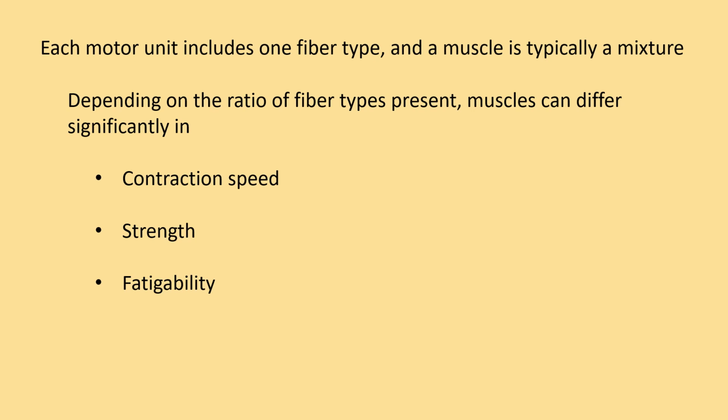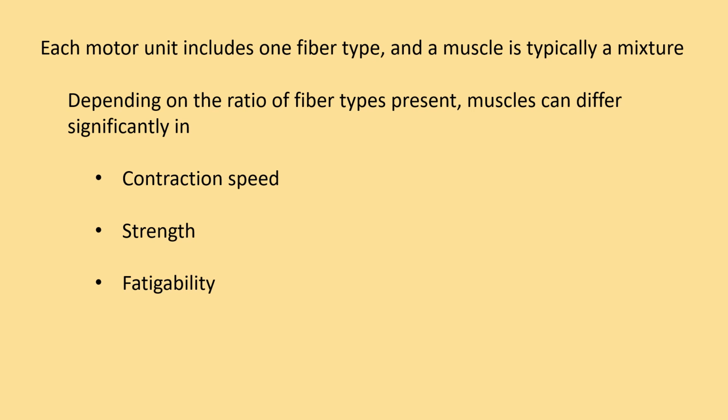And so in a muscle, like the biceps brachii, there is a mixture of muscle fiber types, and the properties of a given muscle, like the biceps brachii in your arm versus the rectus femoris in your leg, are going to be determined by the ratios of different muscle fiber types.